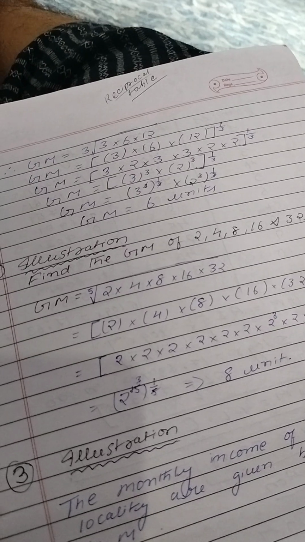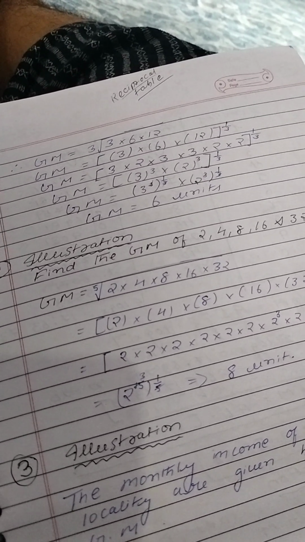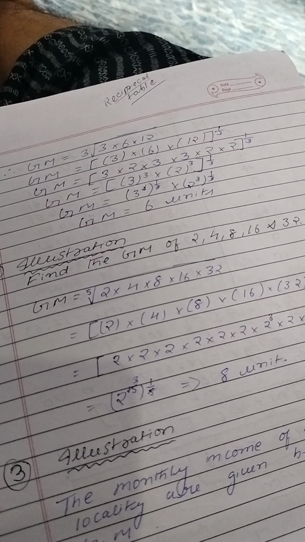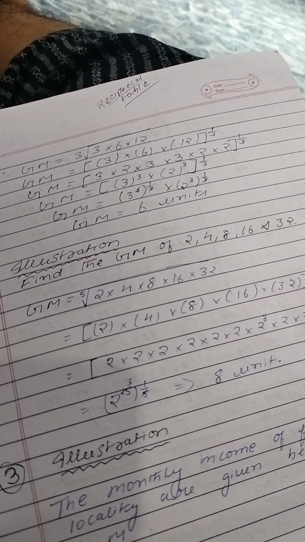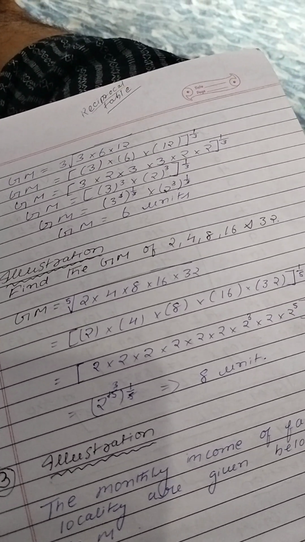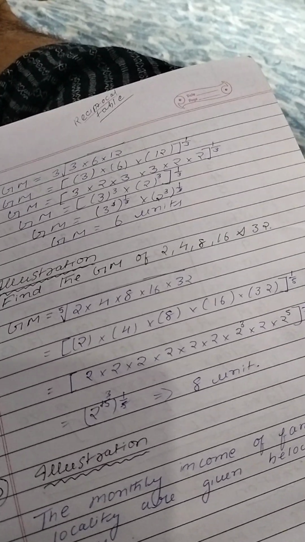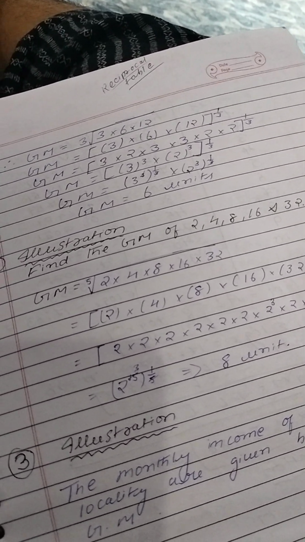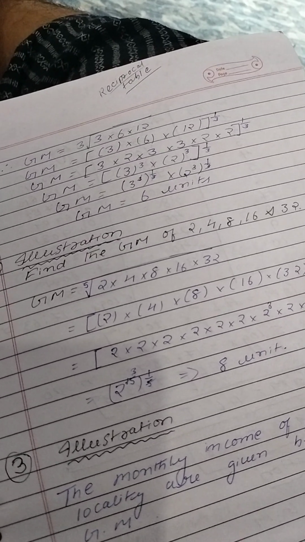Then you can write GM as the cube root, that is, 1 by 3 power, of the product. Now you break out the numbers and take the common factor, because if you multiply directly, the question will be quite long, so it's better to break it out and then take the common.